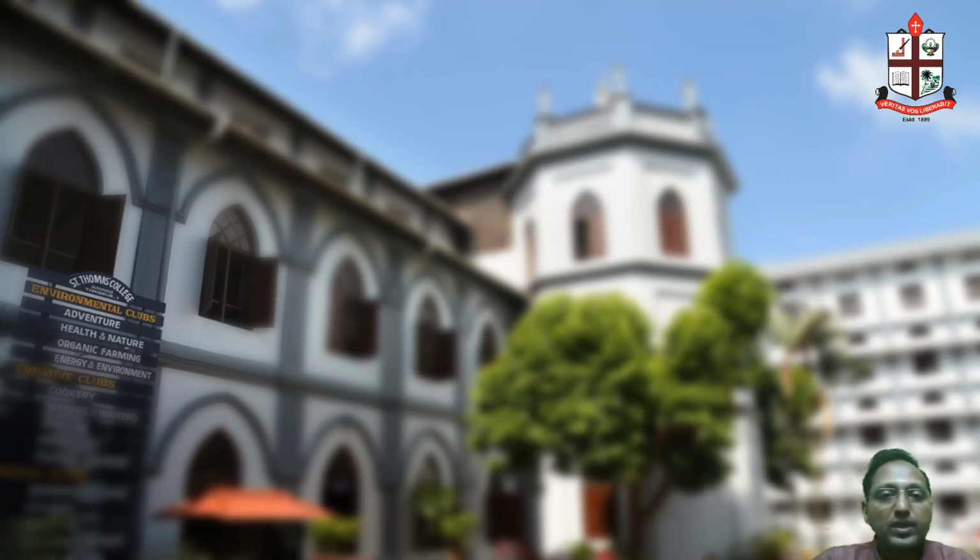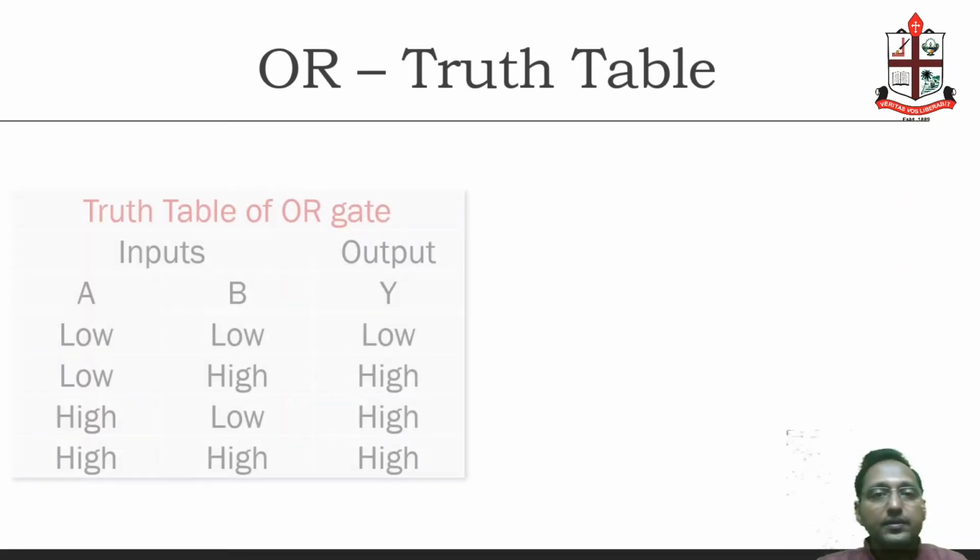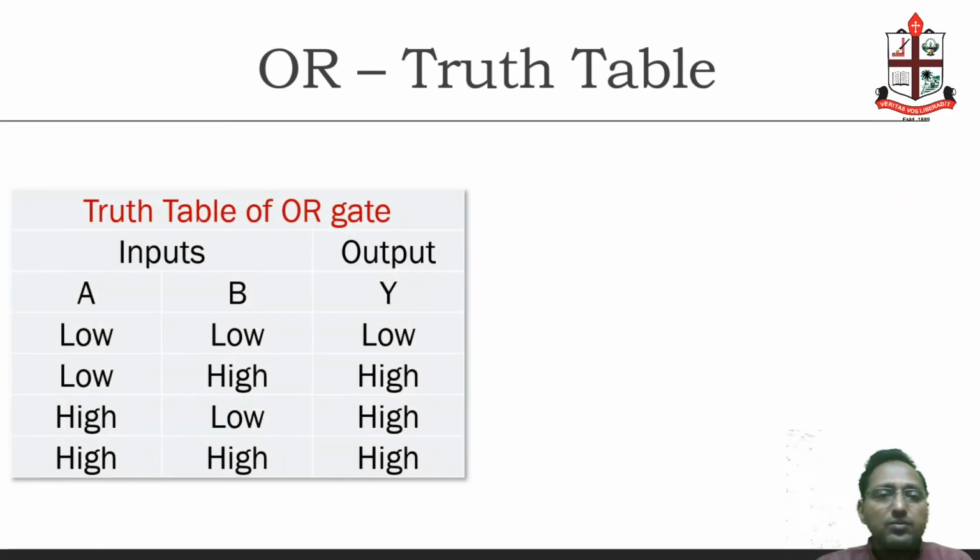Now it's time we look at the truth tables. We look at the truth table of the OR gate only, for both positive and negative logic. Now this is the truth table of the OR gate, where we have 2 inputs and 1 output. When both A and B are low, then the output is low. For all other cases, the output happens to be high.